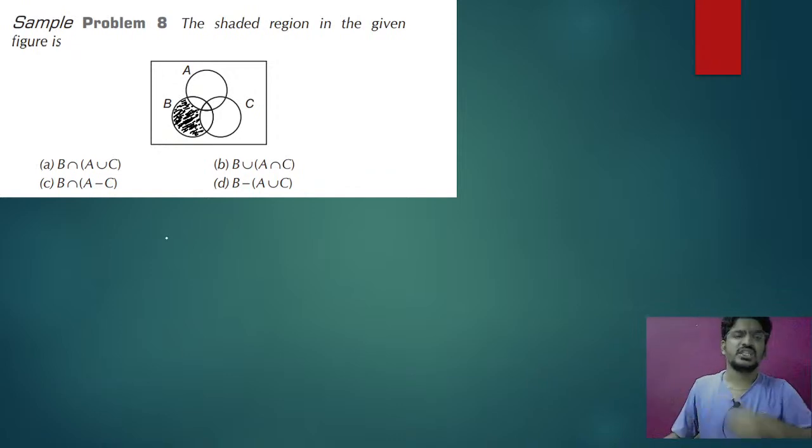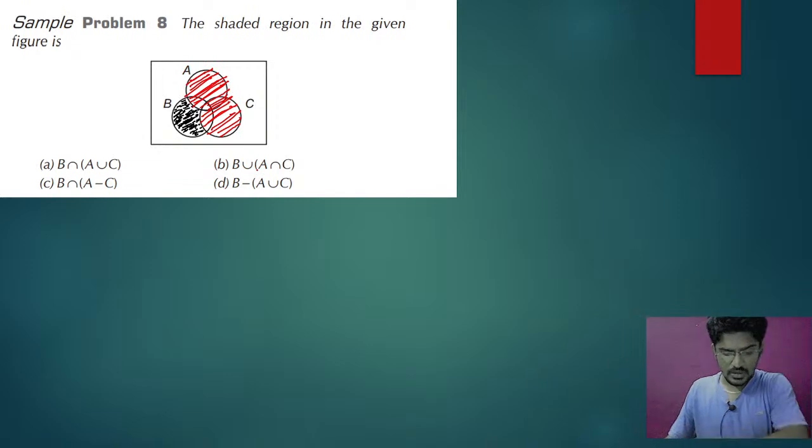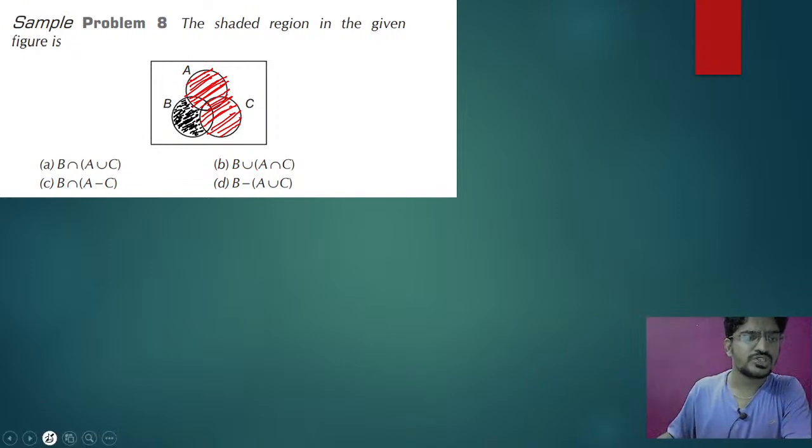The shaded region in the figure is, you just see, this is called what? A union C. The red portion is A union C. The black portion is purely B. So I want the black portion.